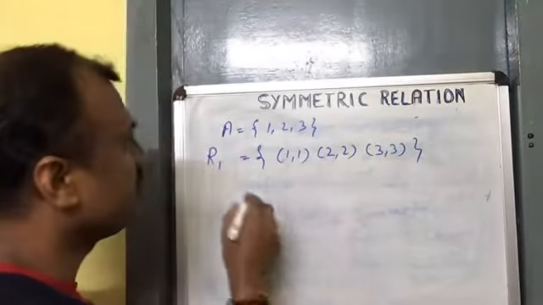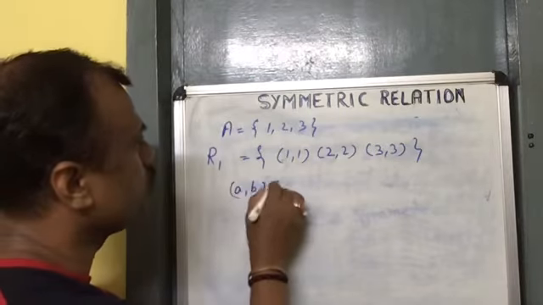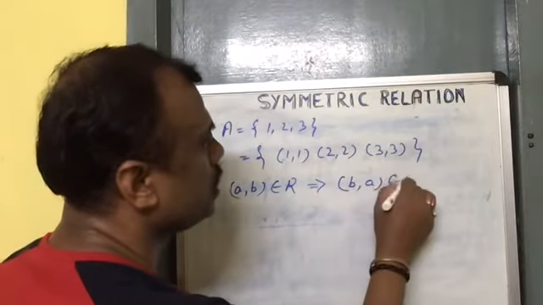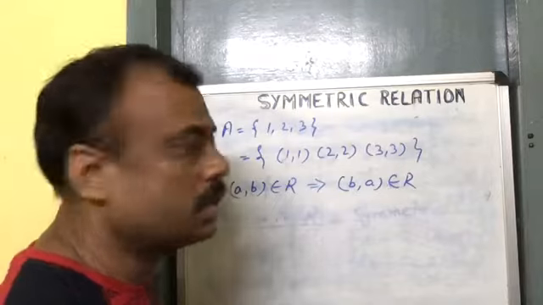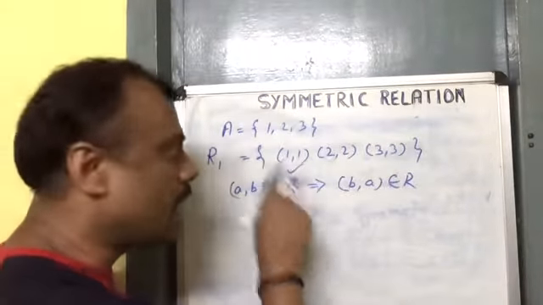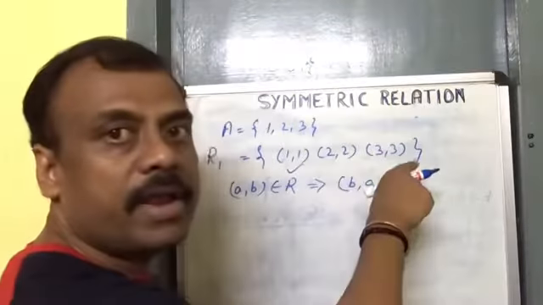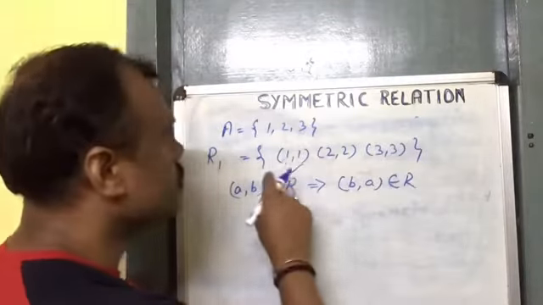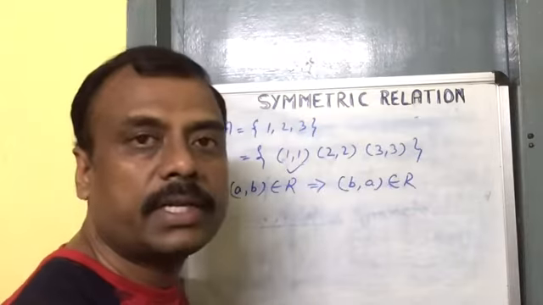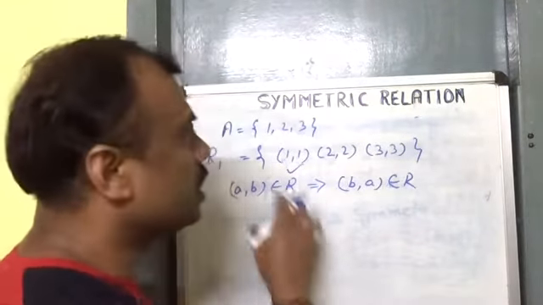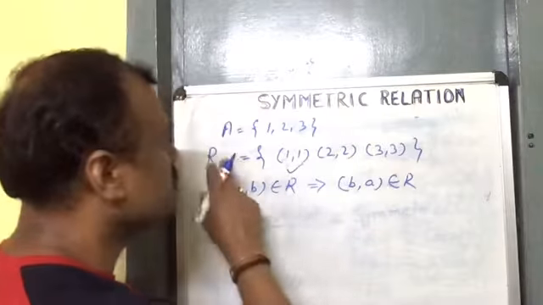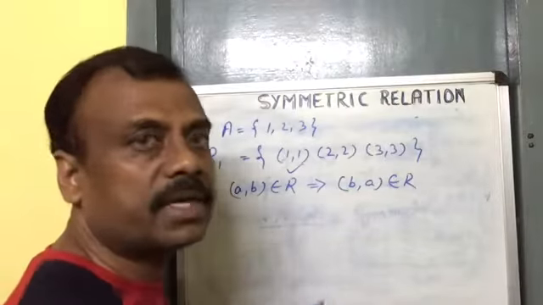Just by the definition, if (a, b) belongs to R implies that (b, a) belongs to R, then R is symmetric. We have to verify it for all elements. If a relation has many elements, we can prove it by taking a general element. Here this relation has only 3 elements, so we can easily prove it. This relation R1 is symmetric. How?